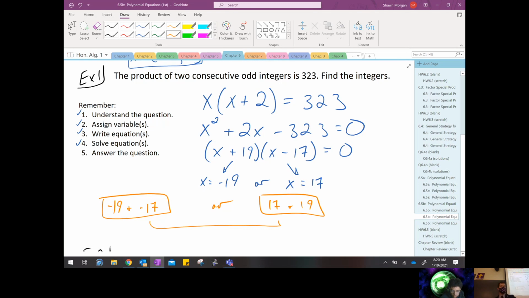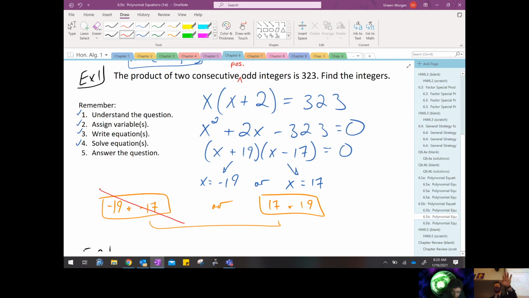All right? Now, what if I snuck this word in here? Y'all pay attention. What if I snuck the word positive right in here? Now this gets thrown out as an extraneous solution. We talked about extraneous solutions in this class? Extraneous solutions are solutions that we get mathematically, but then in the context of the problem, they violate something to where we'd have to throw them out.